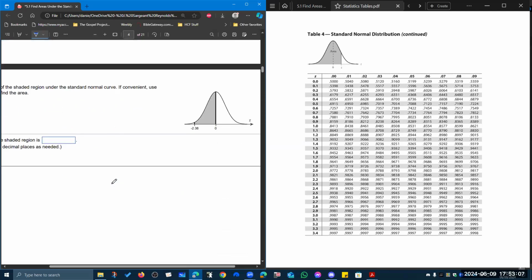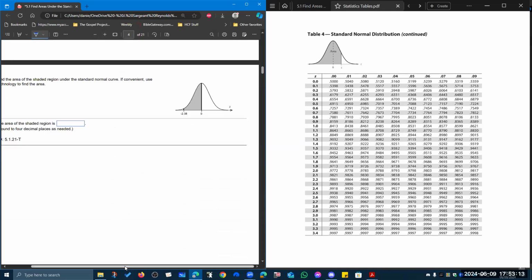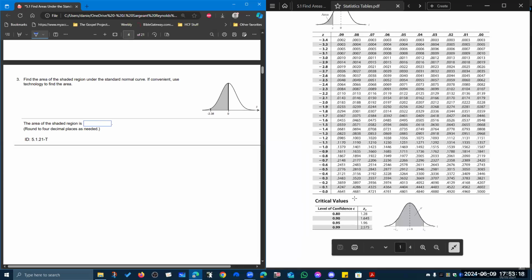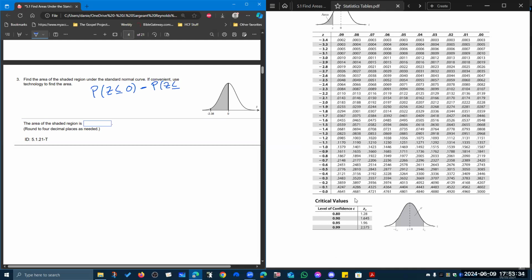Scroll on down here. We have a picture of a region shaded between two values. We have 0 and negative 2.38. I'm going to scroll up to the negative side of my table. So I'm going to say this is P of z less than or equal to 0, minus P of z less than or equal to negative 2.38.